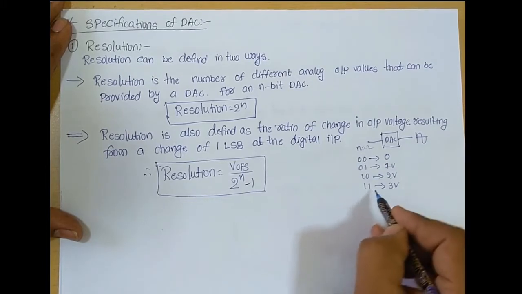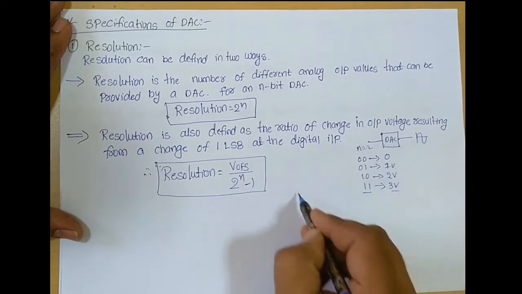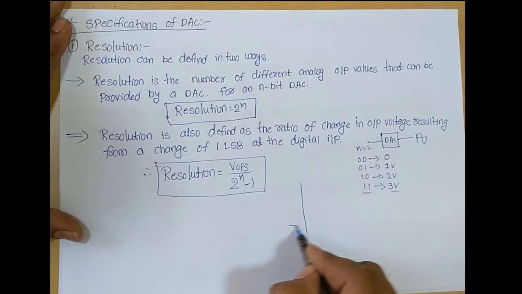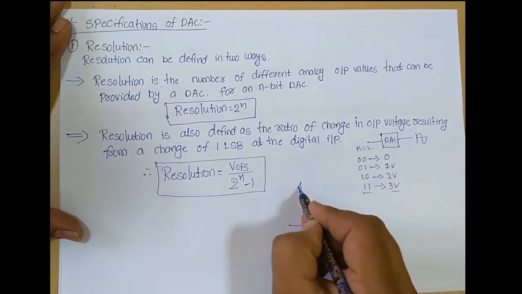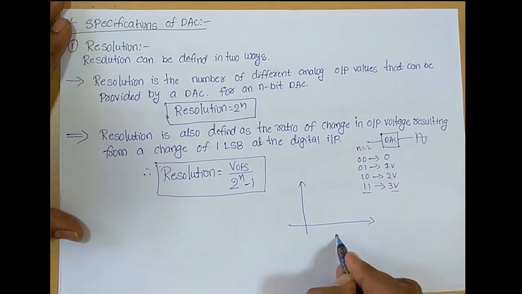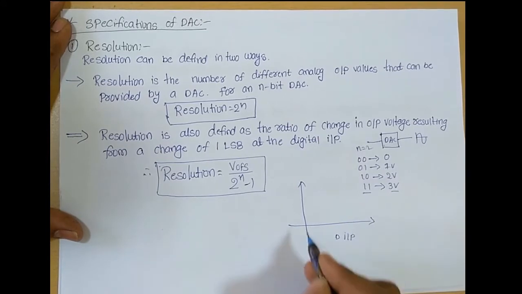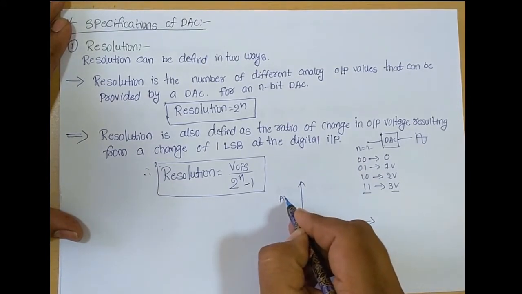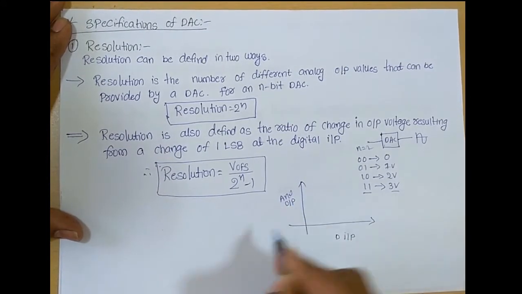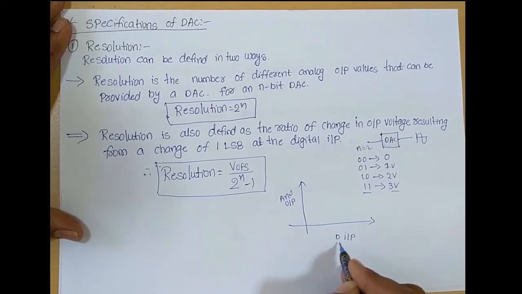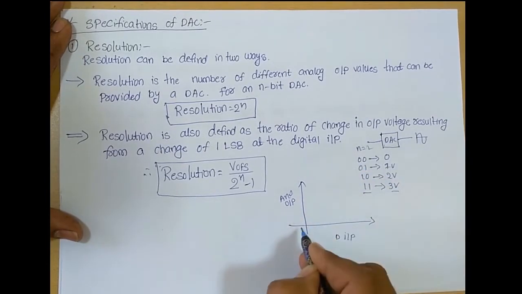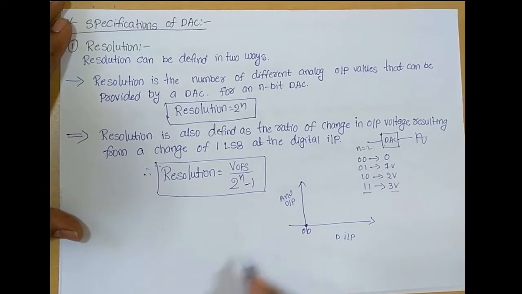With respect to these inputs and outputs, we draw the digital to analog converter response. Here we consider the digital input bits, and we obtain the analog output voltages. If we give the input bits 0 0, we get the output 0.